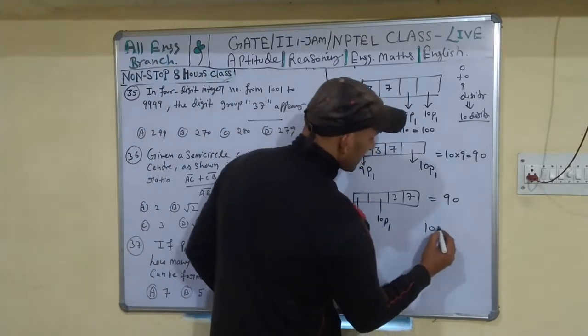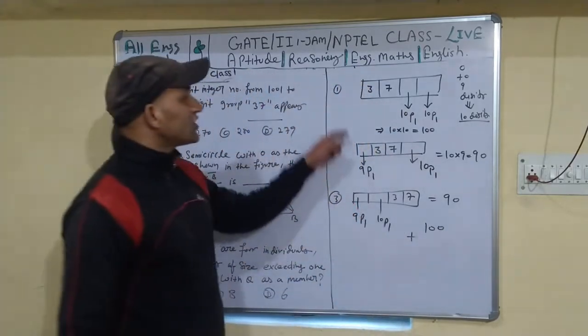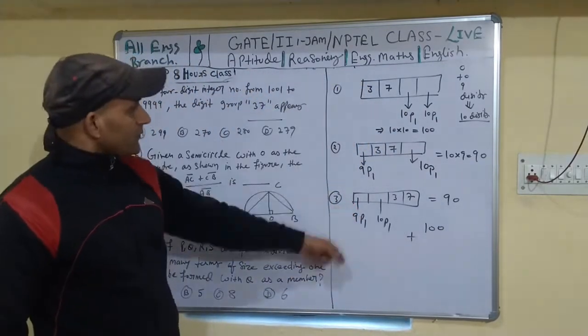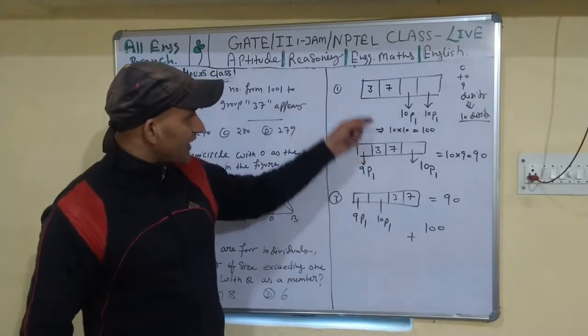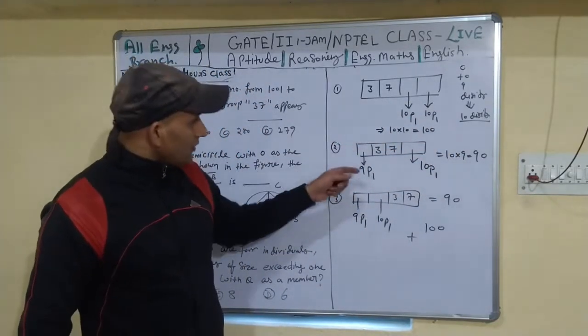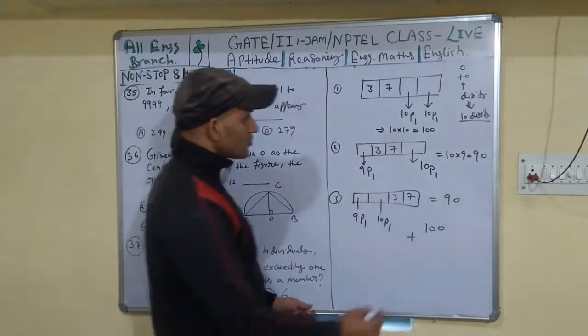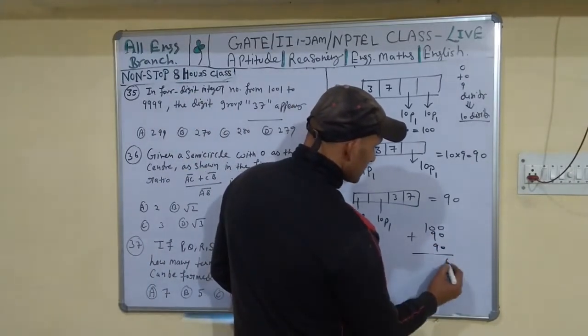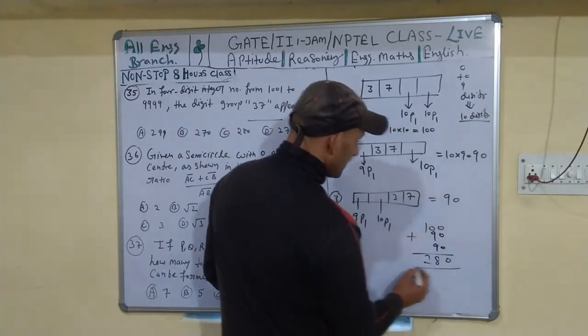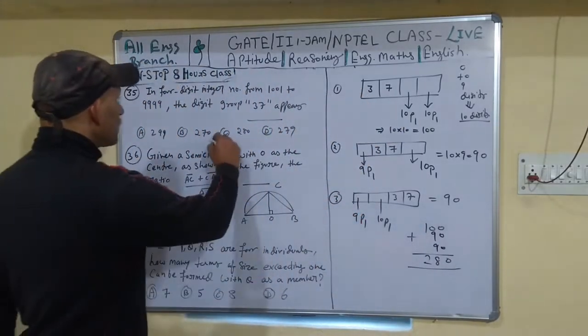So total cases: if there is no relationship between the events, then you add. There is no relationship; either this event will occur or this one or this one. So 100 plus 90 plus 90 is 280. So your correct option is 280.